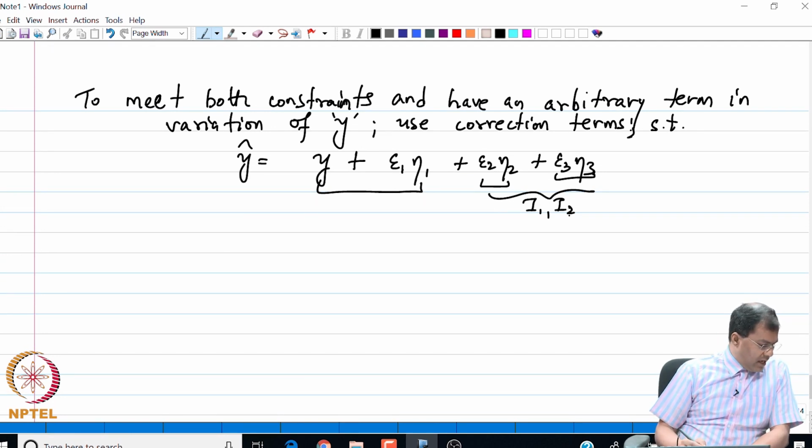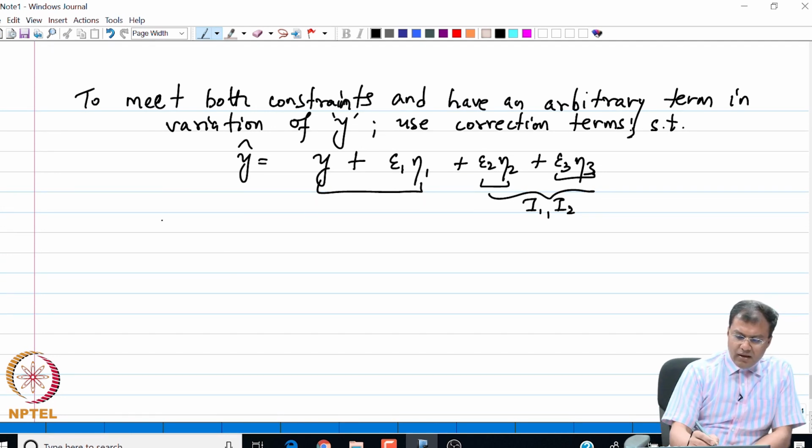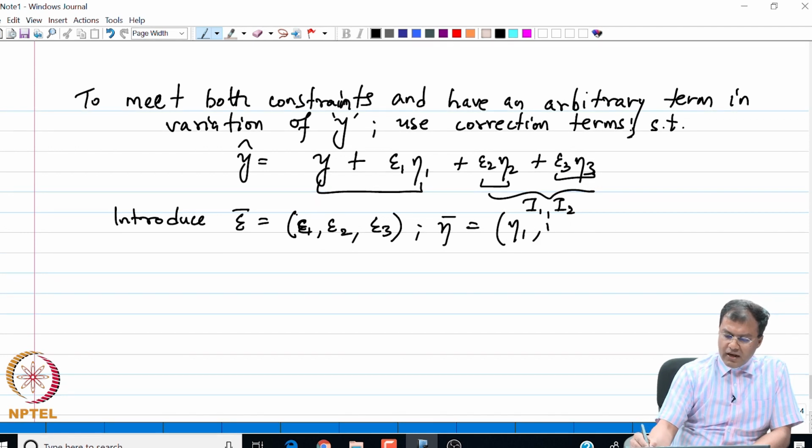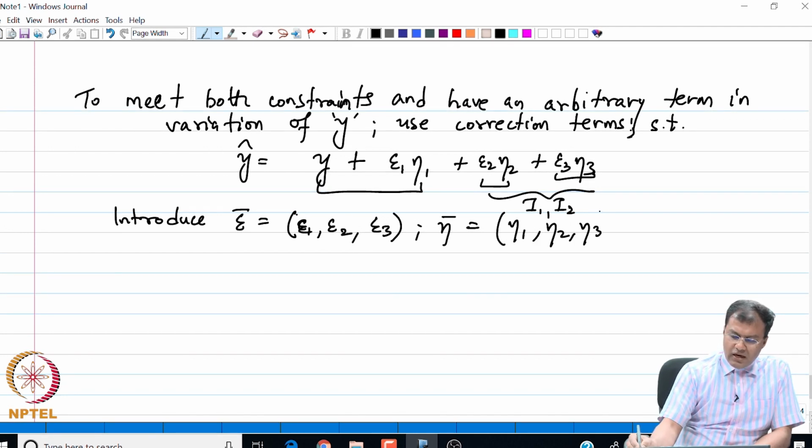Okay. So, then again let me introduce everything in the vector notation. Introduce my epsilon vector, which is epsilon 1, epsilon 2, epsilon 3, and my eta vector, the perturbation vector, which is eta 1, eta 2, eta 3.